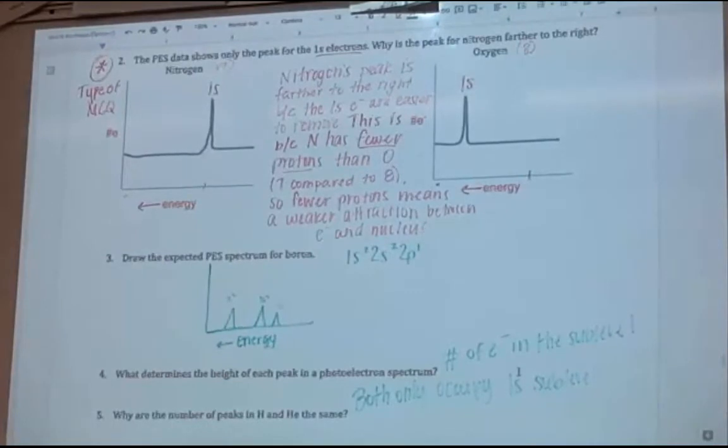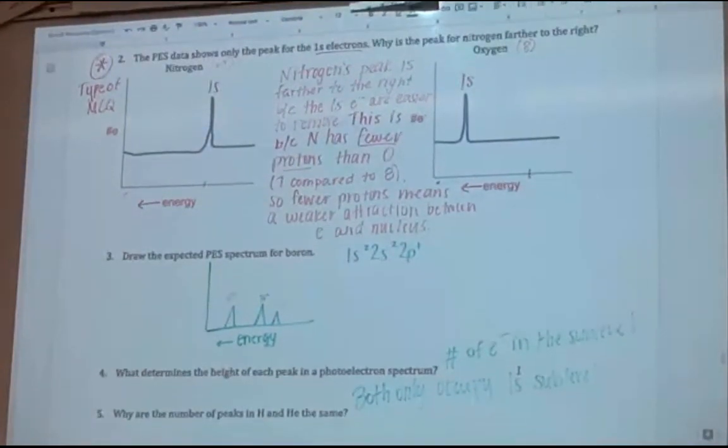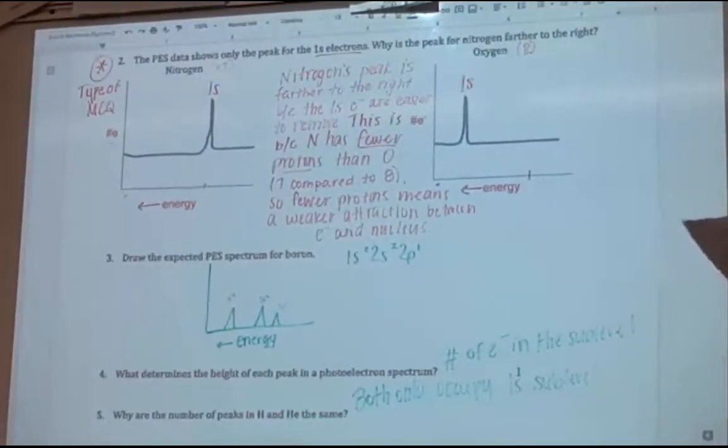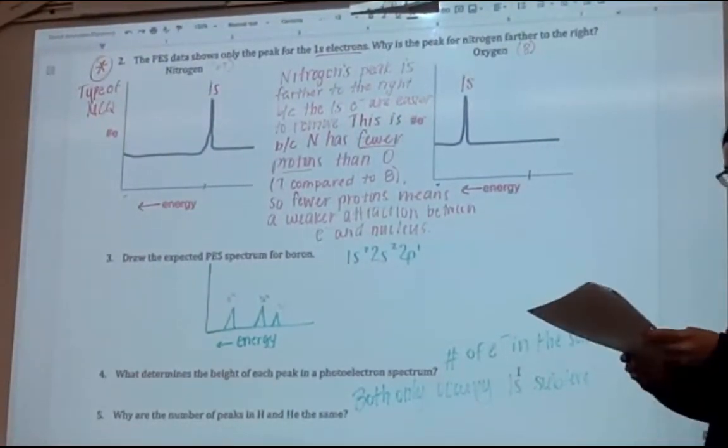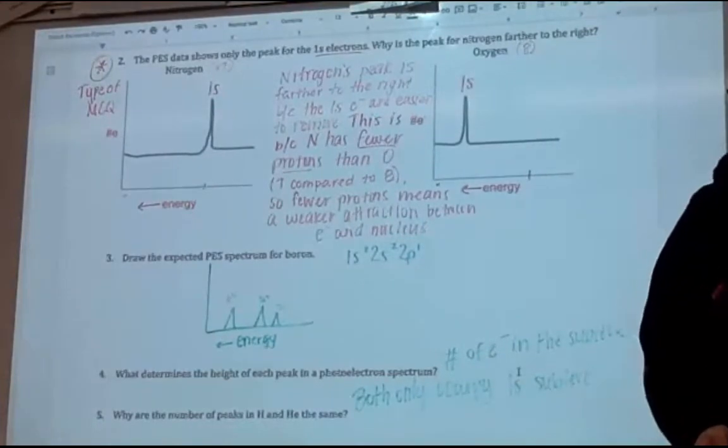So if you flip to the next page, I want you guys to see if you can do 6 through 9. So 6, 7, you're identifying. 8 and 9, you're essentially identifying as well. Be careful in number 7, because it says the 1s electrons are omitted.